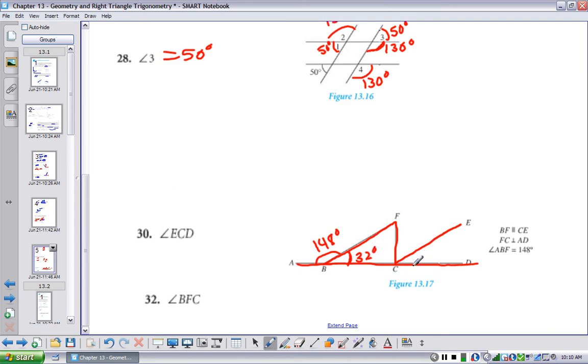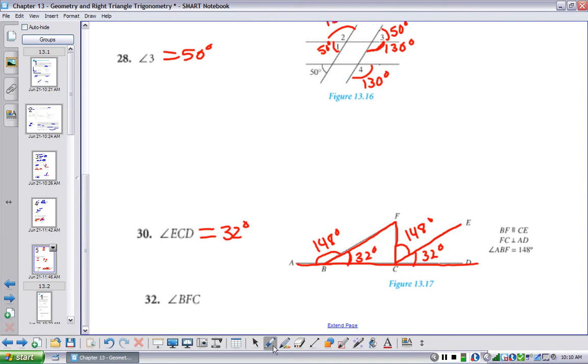And because of these corresponding angles, this is also 32 degrees. So the angle ECD is 32 degrees. Now this angle here is also 148 degrees. It's a corresponding angle as well.